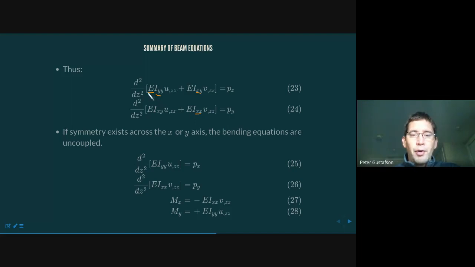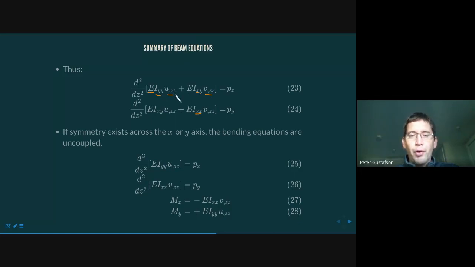Note also here that what we have is an equation. This is a differential equation, as you can see. Second derivative with respect to z of EI YY U comma ZZ plus EI XY V comma ZZ. Note U comma ZZ and V comma ZZ. These are again second derivatives.